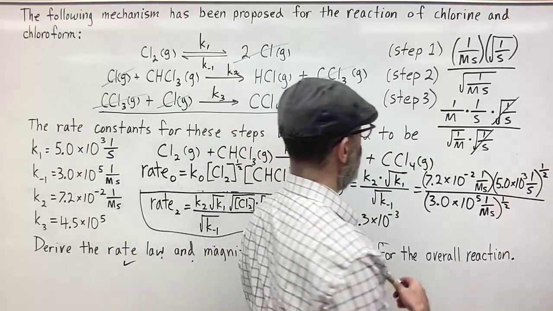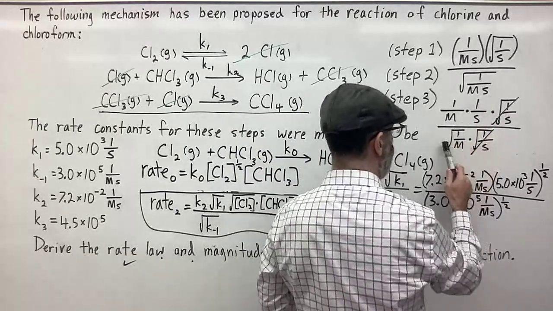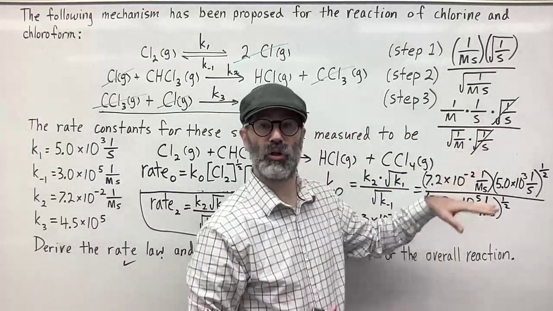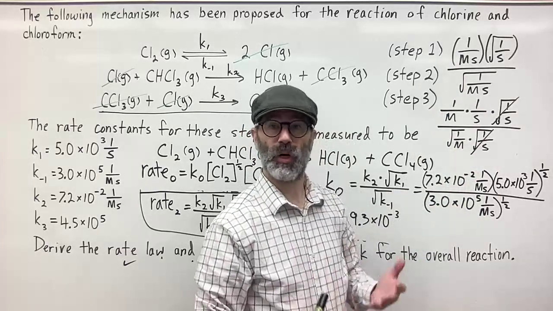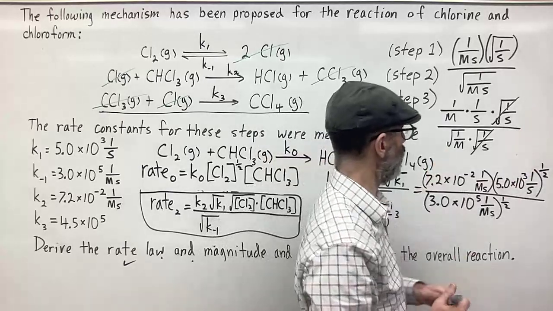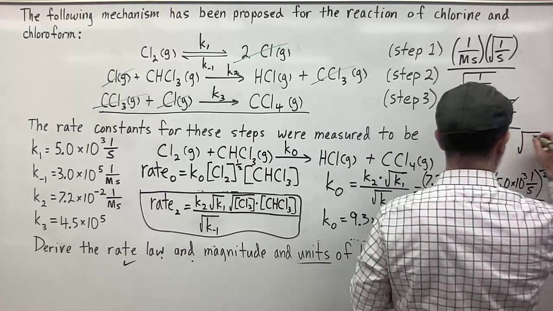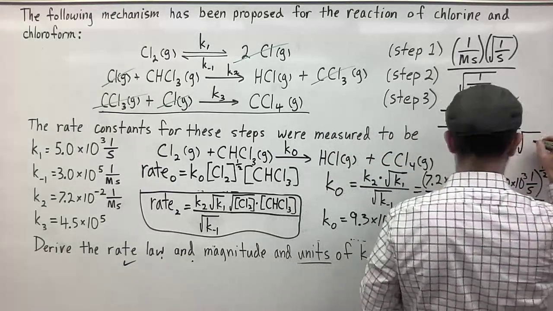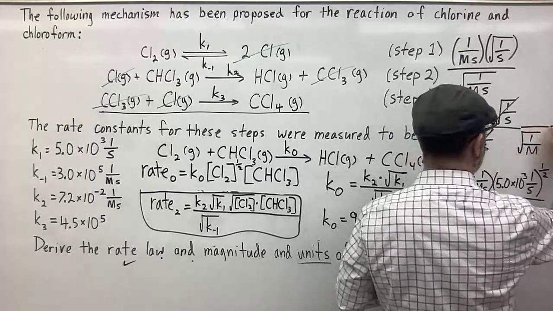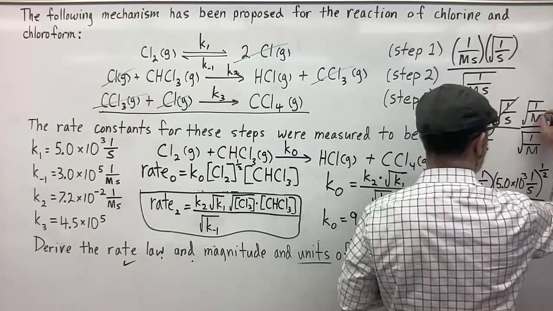So now we have 1 over molar times 1 over seconds over this. One thing you can do is multiply the top and bottom by the square root of 1 over molar, to get this to the top. So if I multiply the top and bottom by this denominator in the square root form, we get the square root of 1 over molar, over the square root of 1 over molar.